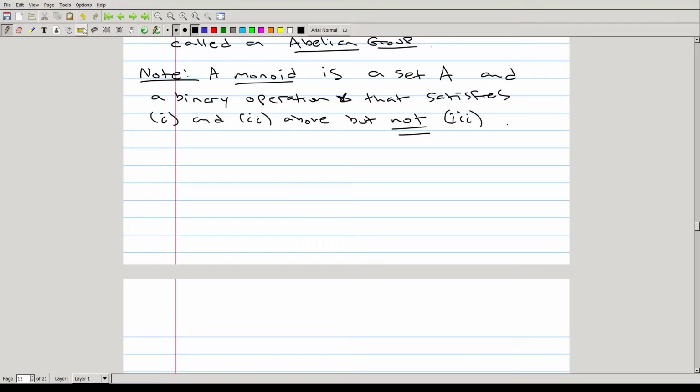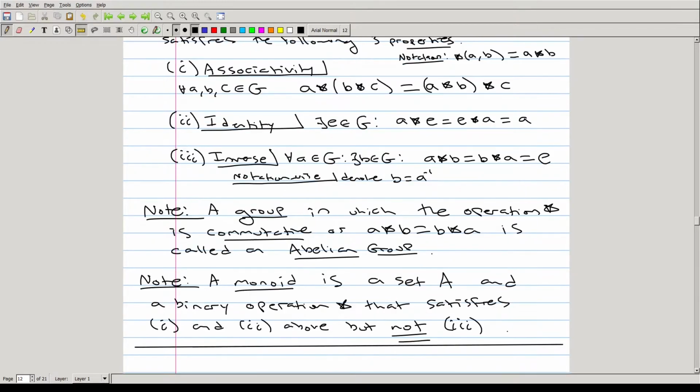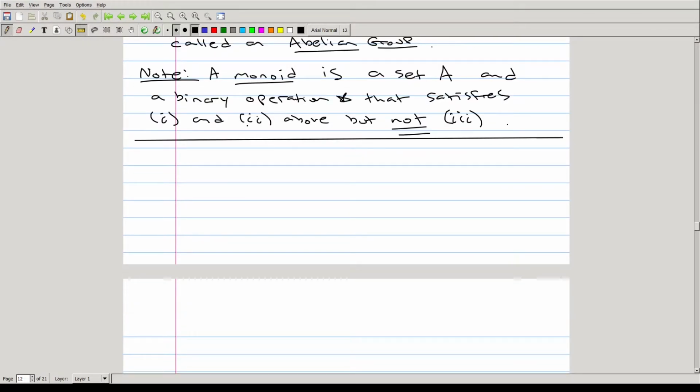And so what I'll do right now is list out a number of different examples, and I really think it'd be good for you to go over a couple of these to show that each one of these axioms makes sense in the sets. So in terms of just basic sets, we have that the integers with addition are a group.